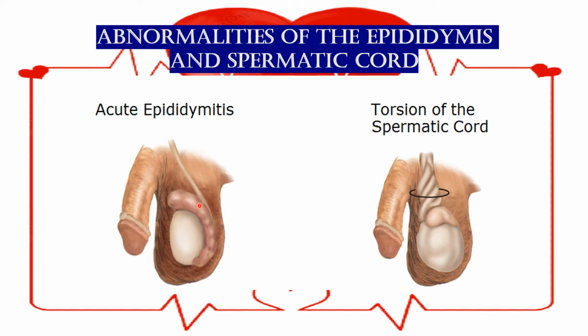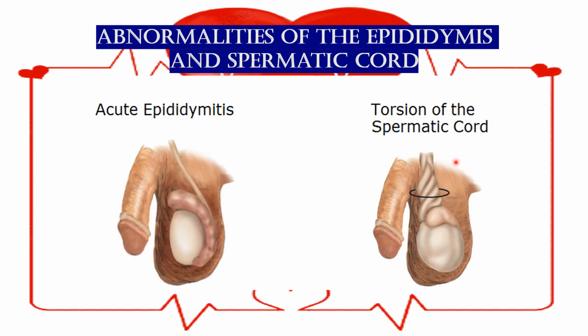Sometimes a testicle is also involved, and that condition is known as epididymo-orchitis. Another abnormality is the torsion of the spermatic cord.